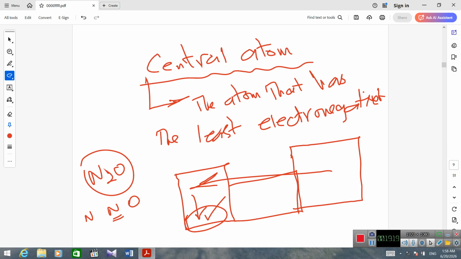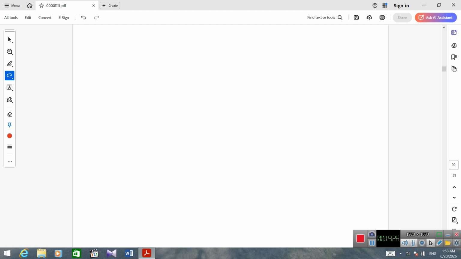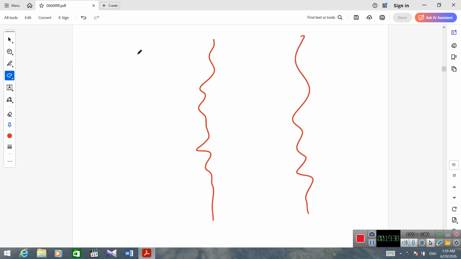Anyway, I want to explain different cases of multi-atomic molecules. For example, nitrogen trichloride. It can be seen that nitrogen must be the central atom.